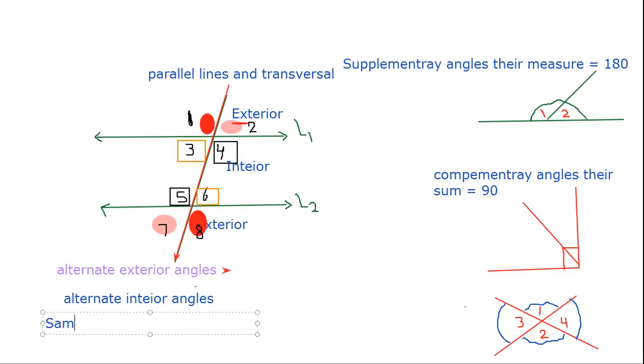The last type of angles is same side angles, or consecutive interior angles.